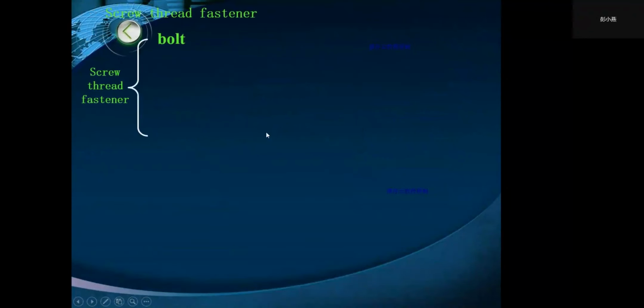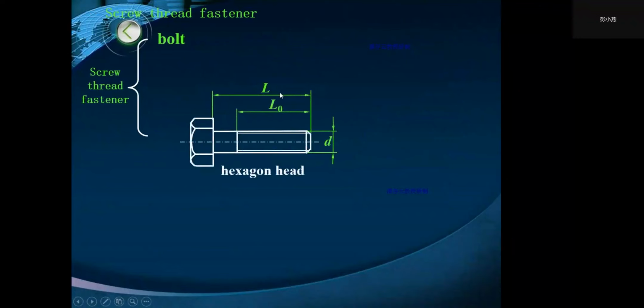Okay, then there are the threaded fasteners. The threaded fasteners are standard. They include bolt, stud, screw, nut, washer, and so on.